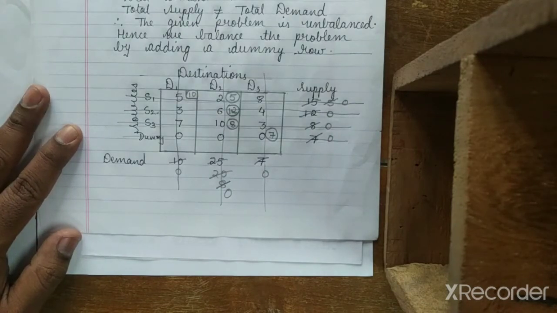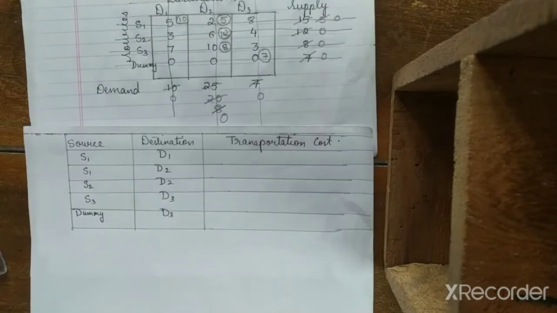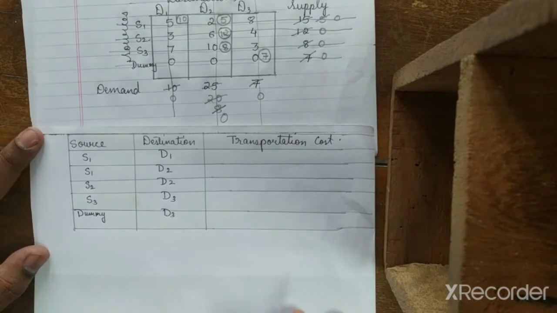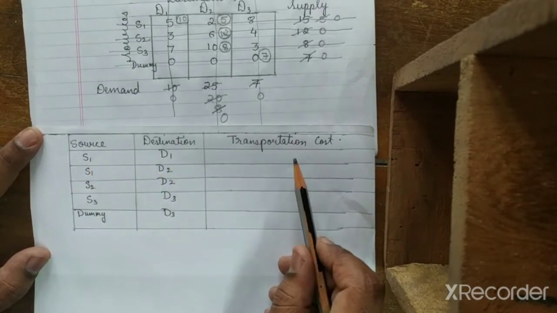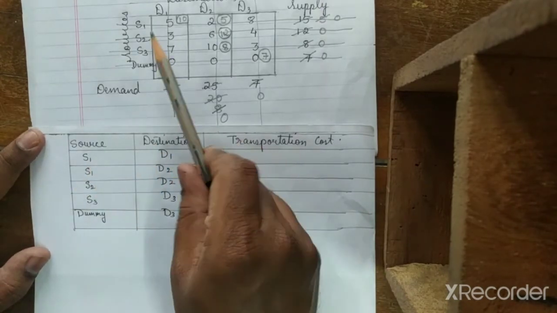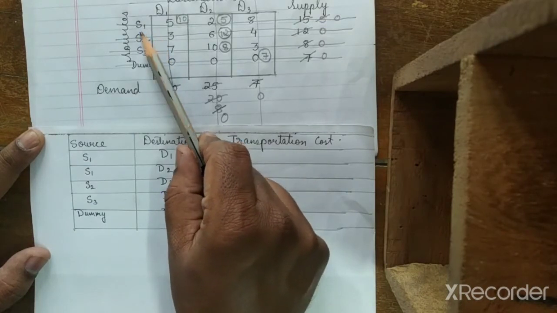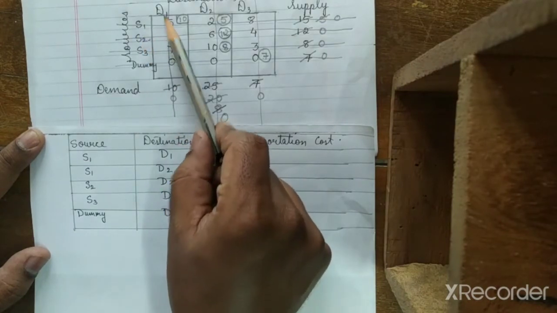Now let us find the total transportation cost by allocating. Once allocations have been done, I am preparing the table. The table is like this: source, destination and transportation cost. Source S1 to D1, the first allocation.